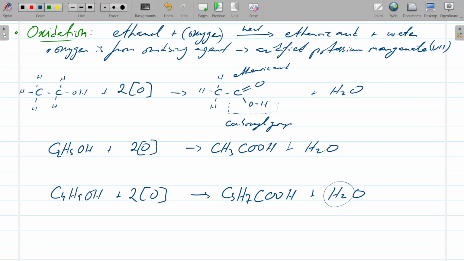So you've got 4 carbons. So this is butanoic acid, from butanol. And so you write 1 carbon as COOH. Out of 4, how many are left? You've got 3 left over here. And so how many hydrogens? So 2n plus 1. So 3 times 2 is 6 plus 1, 7.